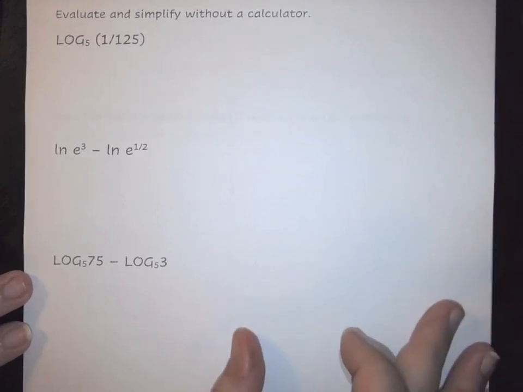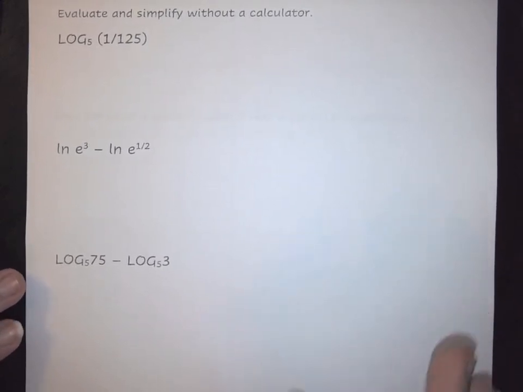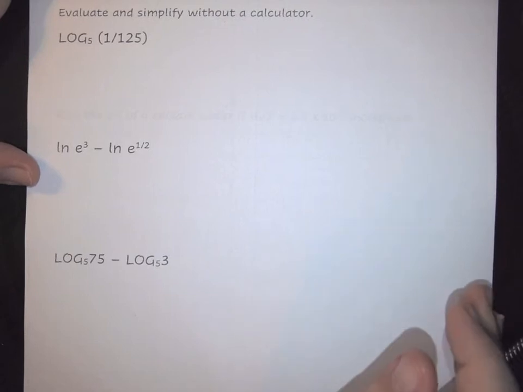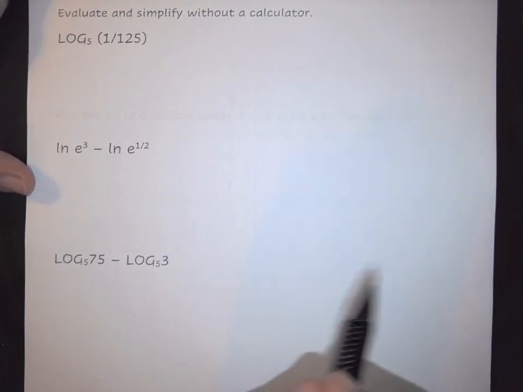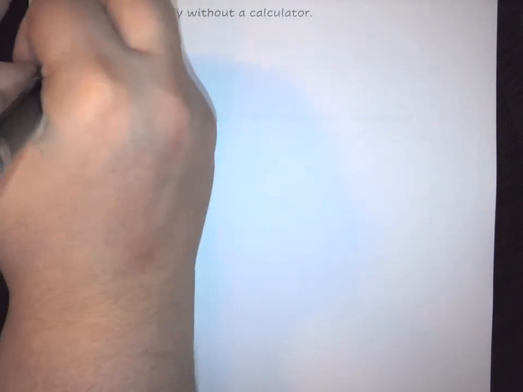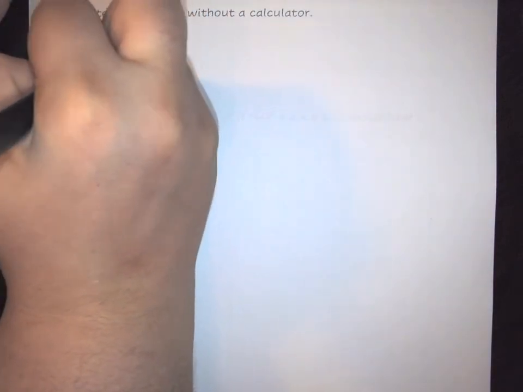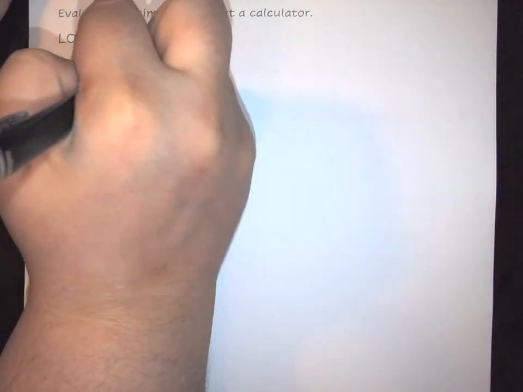Alright, now what happens if you're asked to evaluate or simplify without a calculator? So let's look at that again real quick. In order to do that, what you need to always remember is your rule for going back and forth. So here what we're going to end up having is 5 to the x is equal to 1 over 125.